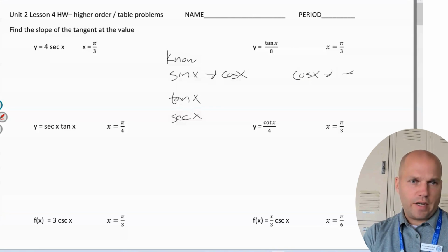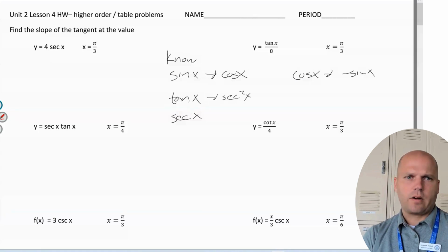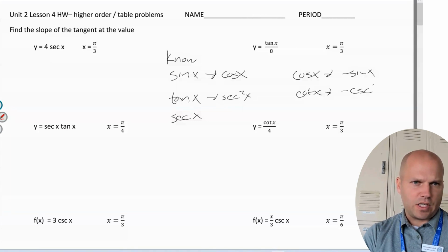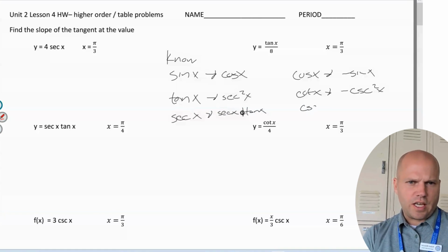Cosine slopes are negative sine. Tangent slopes are secant squared. Cotangent slopes are negative cosecant squared. Secant slopes are secant x tangent x. Cosecant slopes are negative cosecant x cotangent x.